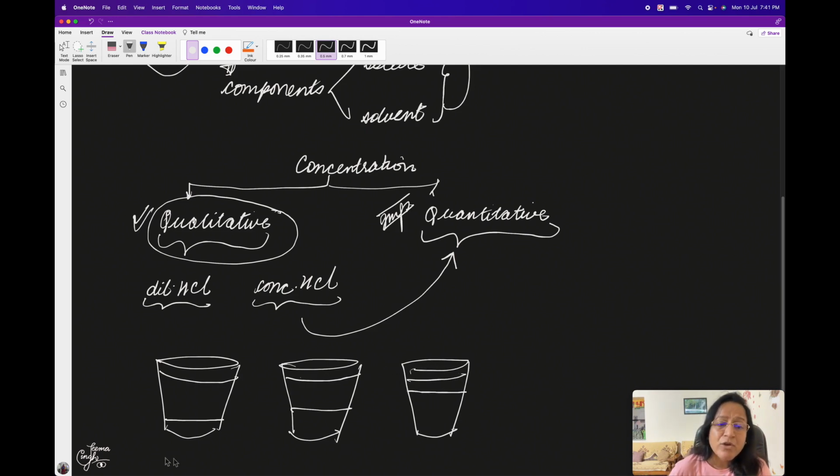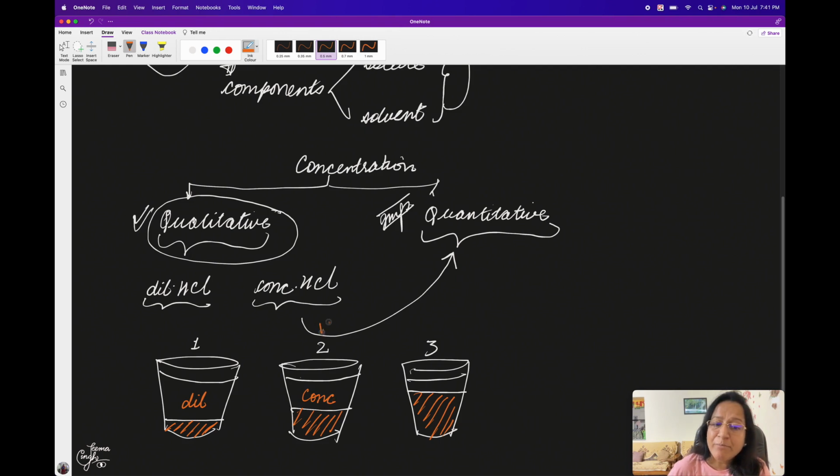Now the first one has this much orange squash, the second one has more, and the third one has the largest amount. If I compare 1 and 2, I'll say one is dilute because it has less orange squash as compared to the second. So this is concentrated.